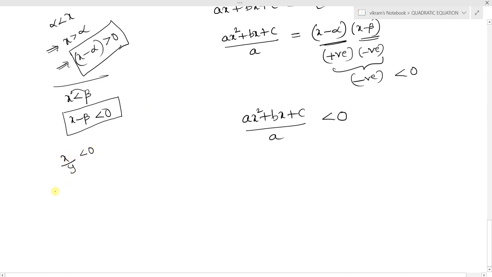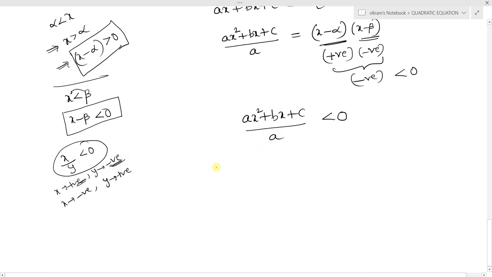Okay, the condition must satisfy either x is positive and y is negative, or x is negative and y is positive. Then we will get the condition that x by y is negative. So now that means the ratio, numerator by denominator, must have different, opposite signs.